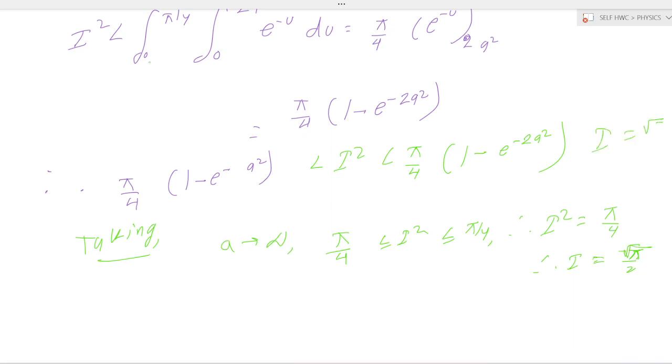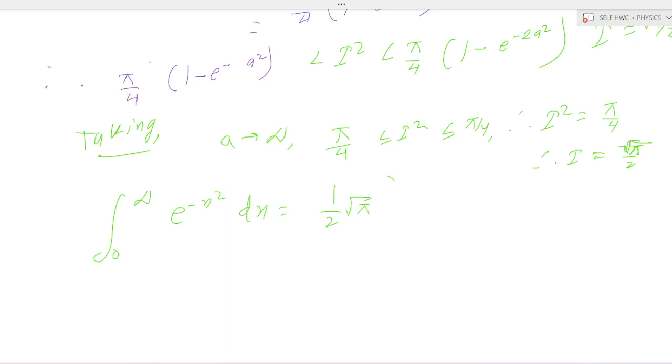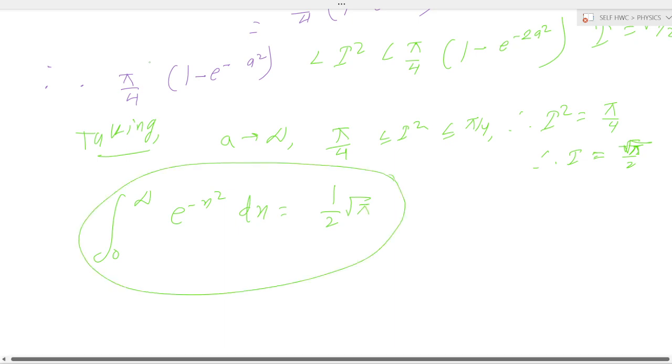Okay, this is the answer. So integral 0 to infinity of e to the power minus x square dx is equal to 1 by 2 root over pi. This is the answer.